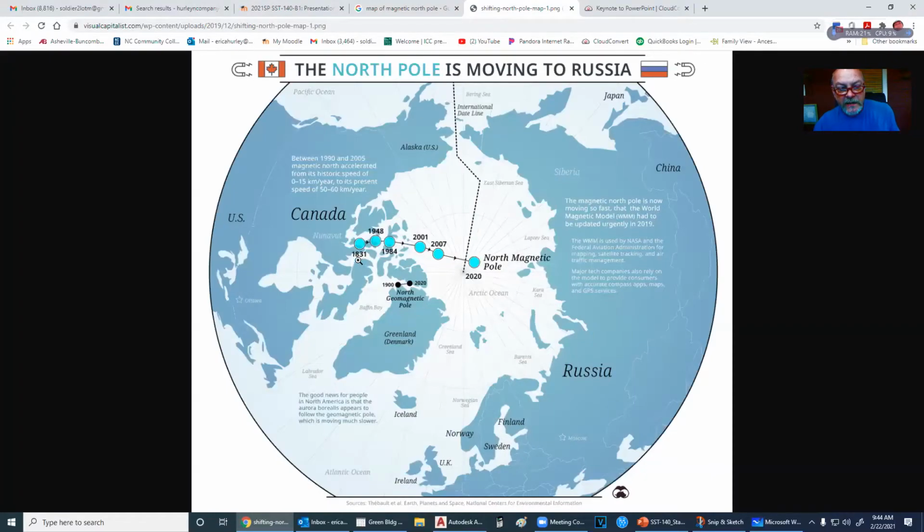From 1831 to 2020, the magnetic pole has moved, meaning that the solar south maintains the same, but we use a compass to find it, and we have to take into consideration the declination of that.